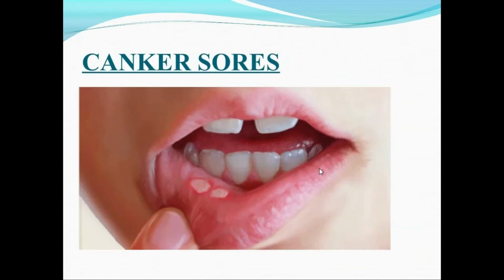If we talk about the types of stomatitis, it includes canker sores and cold sores. Let's talk about canker sores. A canker sore, also known as aphthous ulcer, that is the ulcer of the mouth, is a single pale or yellow ulcer with a red outer ring, as we can see here in this diagram, or a cluster of such ulcers in the mouth, usually on the cheeks, tongue, or inside the lip.